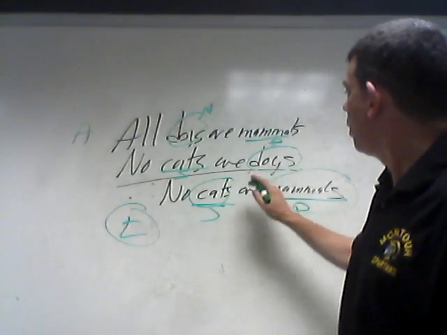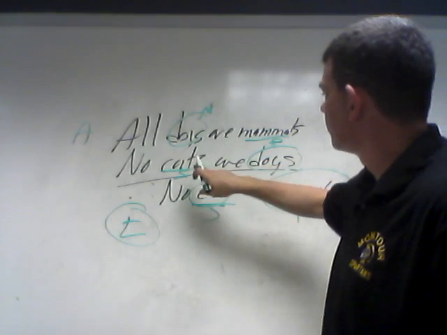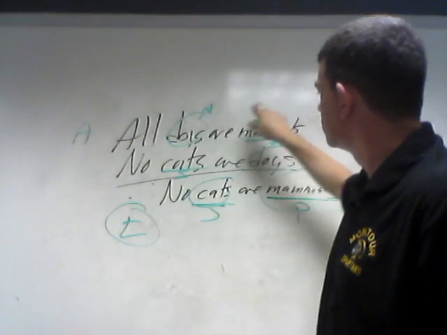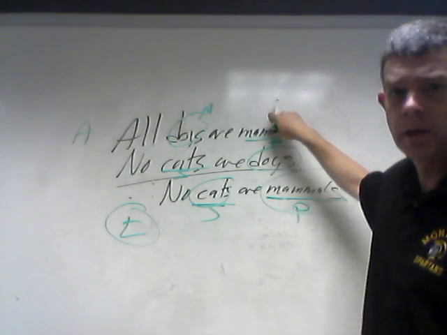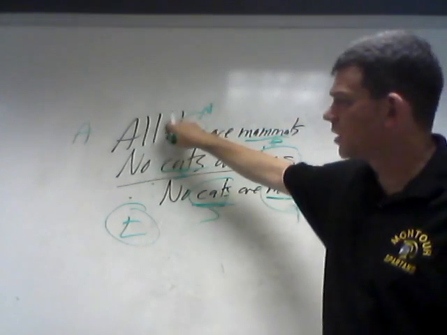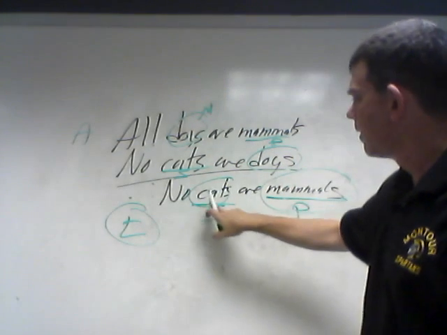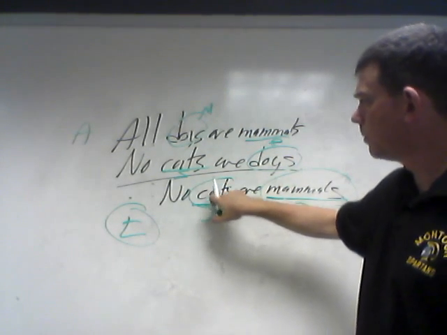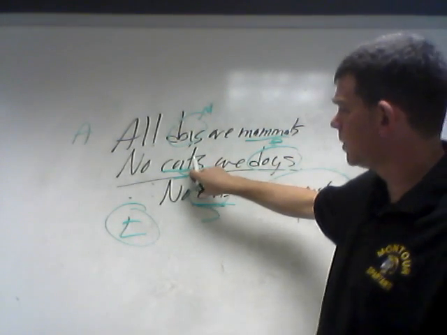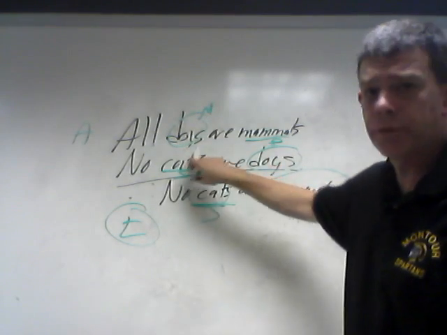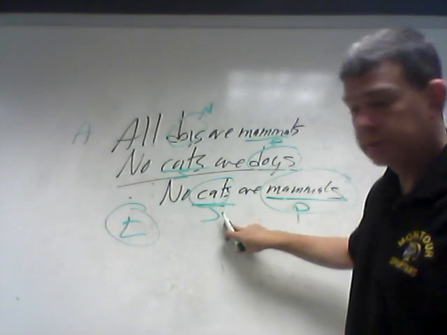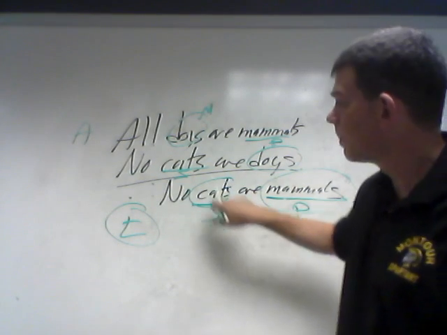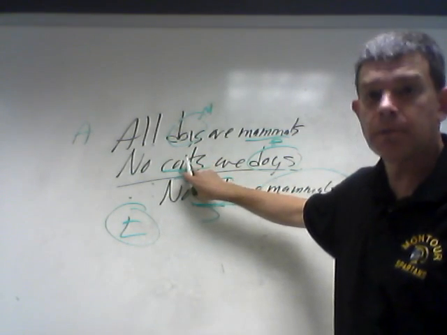We already know, all right, let's take a look. All dogs are mammals, so we don't really care about mammals, it was not distributed here, right? Because this is an A statement, only the subject got distributed. Cats got distributed here. This is an E statement too, so both the premise and conclusion get distributed here. So, cats, distributed in the conclusion, right? And distributed in the premise.